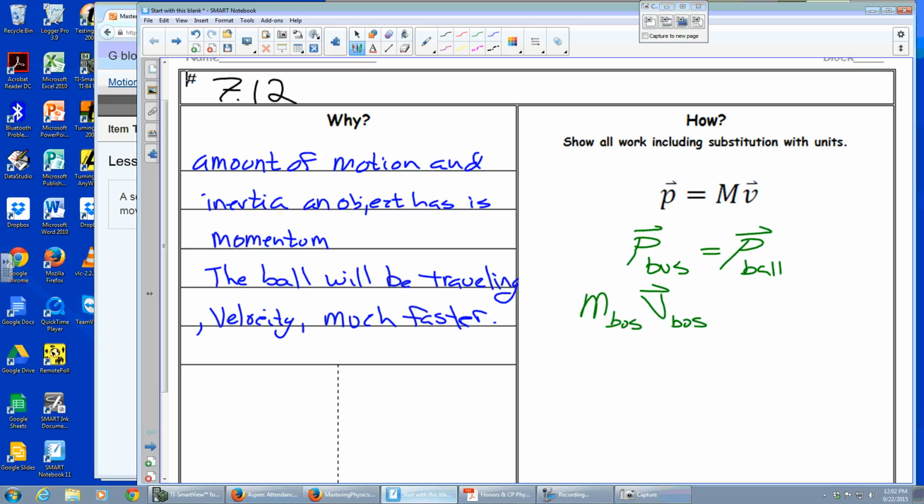This is where I'm using my equation, my relationship here. And that must equal the inertia of the ball and the velocity of the ball, right?